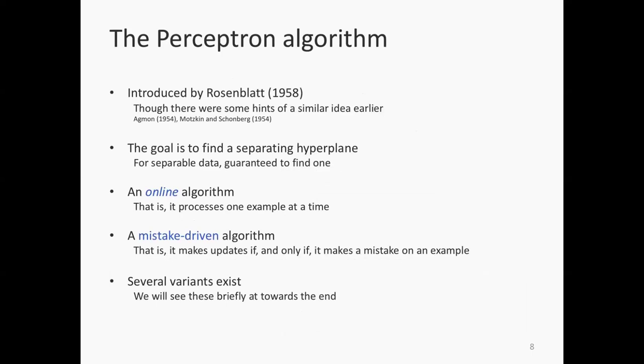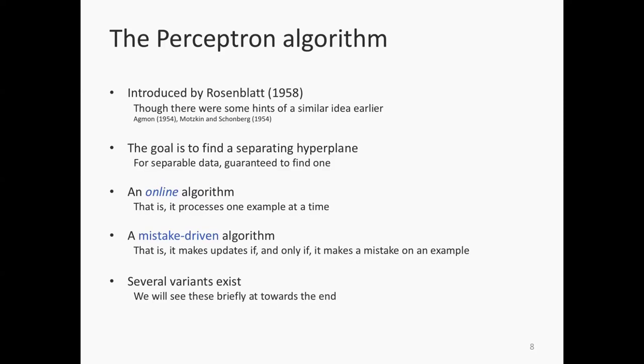There were a couple of papers in 1954 in the Canadian Journal for Mathematics that actually had the algorithm, except it didn't look anything like an algorithm. And I don't know if anyone read it at that time, unfortunately. One way or another, the goal of the perceptron algorithm is to find this separating hyperplane given a data set.